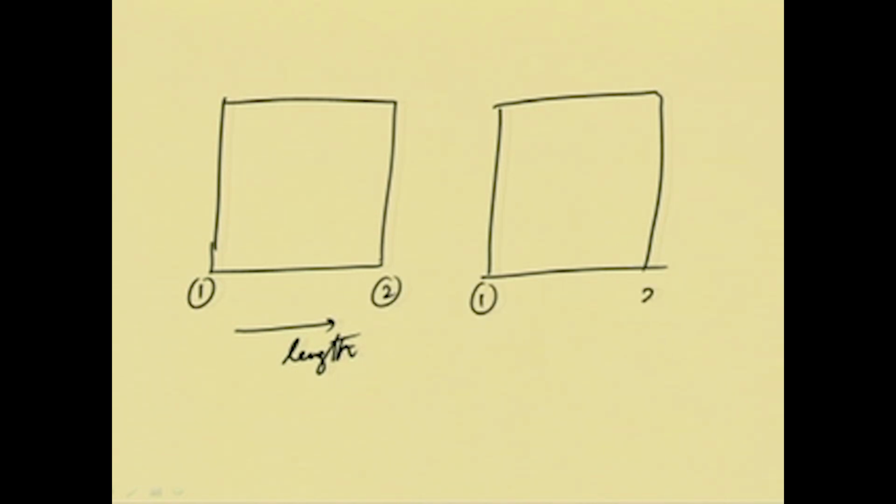If we have a tube length of this kind, this is a length we have already seen, and this is station 1 and this is station 2, and these are the temperatures in this region.